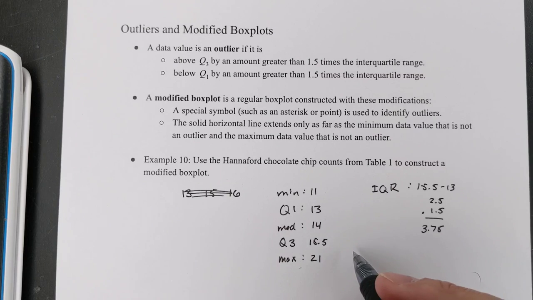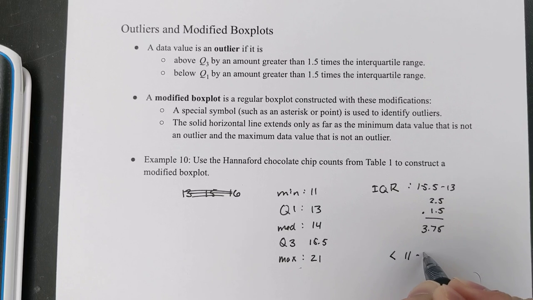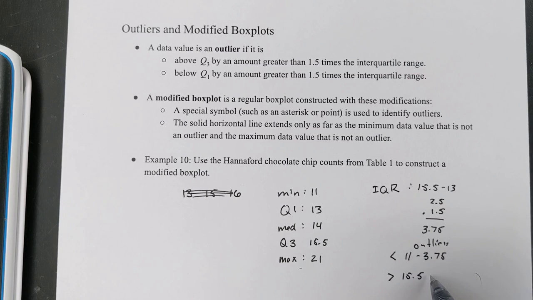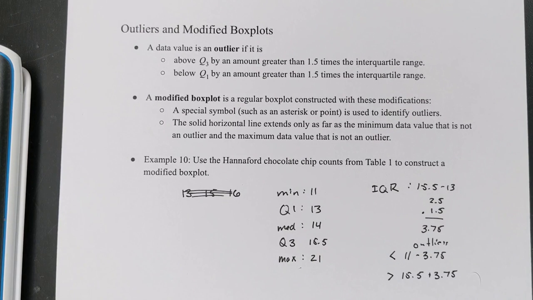So an outlier in this case is anything more than 15.5 plus 3.75, which is 19.25, or anything less than Q1 minus 3.75. So I have to throw out that maximum.